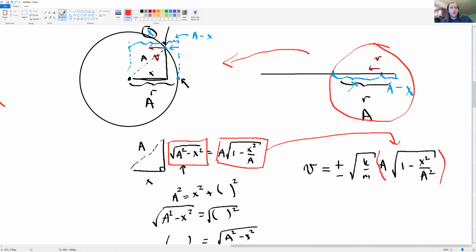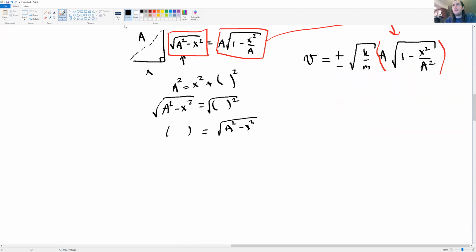Well, what do we know about circular motion? Well, I know that the time it takes to go around the circle one time is the distance around the circle, which is 2 pi r, right?